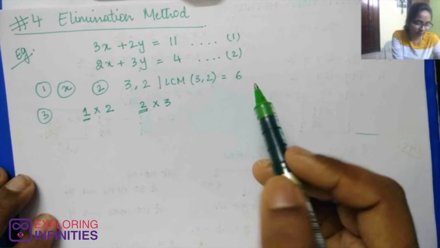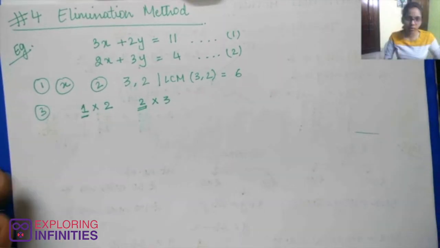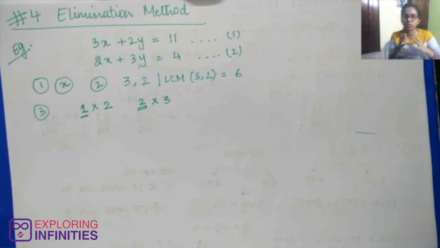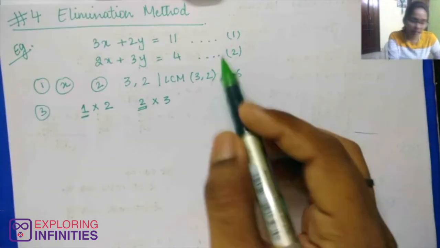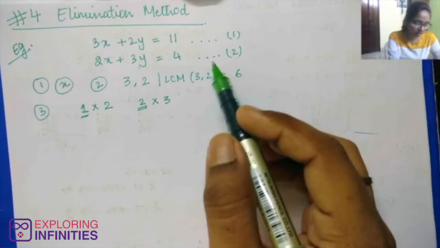So what do I know till now? My first step was choosing a variable. I chose the variable x. Then the LCM of the coefficients was 6. So I tried making my 3x into 6x and 2x again into 6x. These were my first 3 steps. Now I'll multiply these equations by the numbers 2 and 3 respectively.